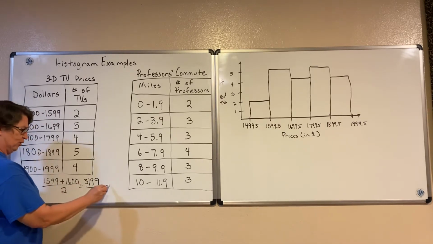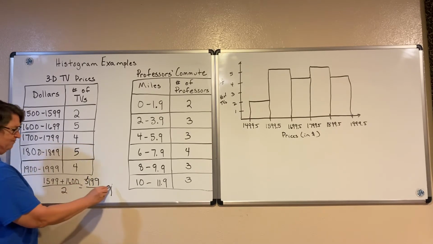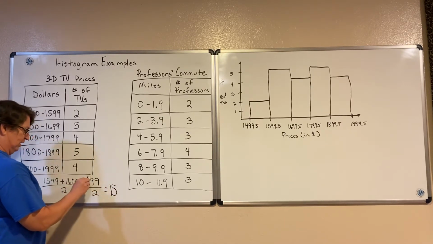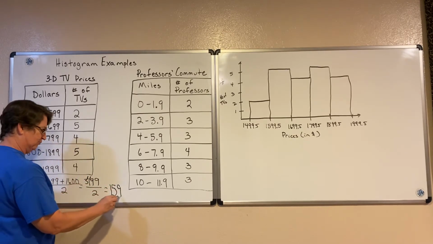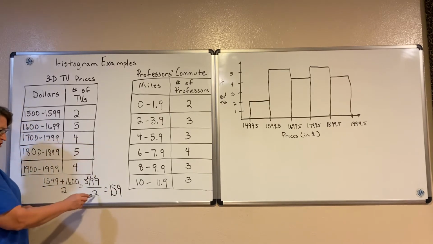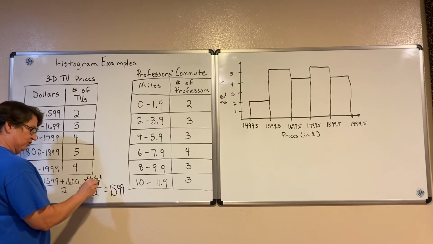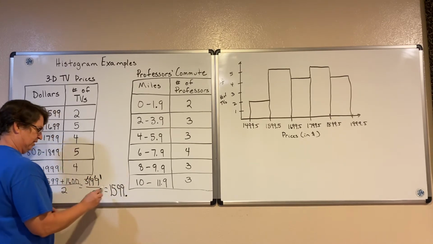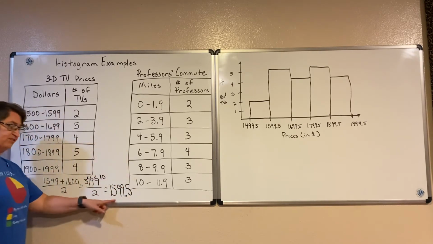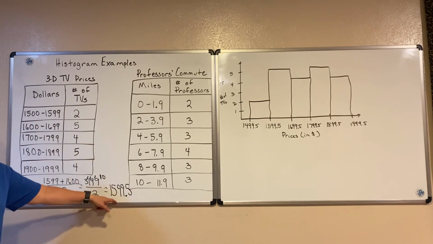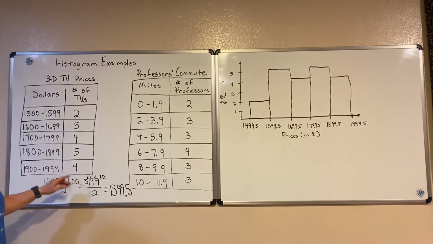Well, 2 goes into 3 one time with 1 left over. 2 goes into 11 5 times with 1 left over. 2 goes into 19 9 times with 1 left over. 2 goes into 19 9 times with 1 left over, but I need a decimal here. 2 goes into 10 5 times. Notice I ended up with that 1599.5. So to find the midpoint, you can just add two numbers together and divide by 2.